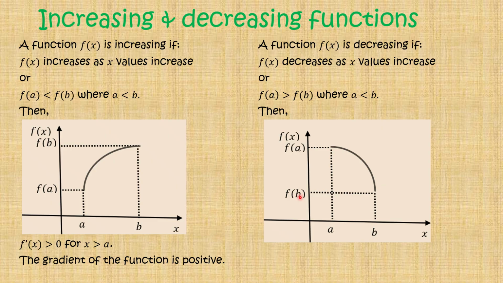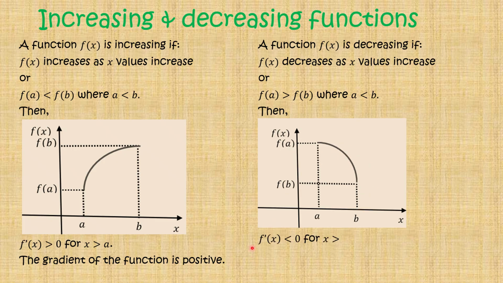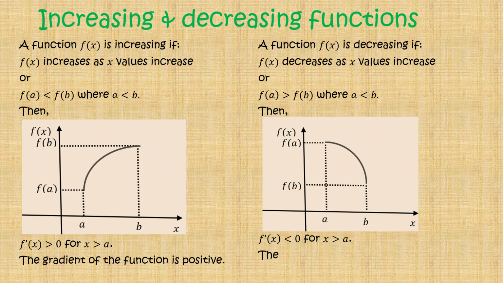And as we see, the graph is decreasing as we move towards further positive x values. Therefore, f prime of x is less than 0 for x greater than a. The gradient of a decreasing function is always negative.